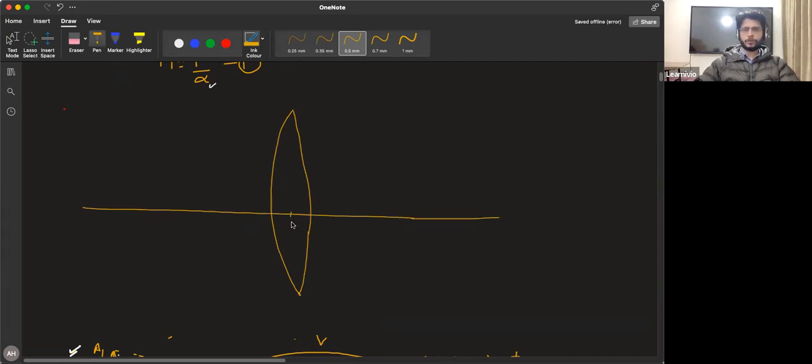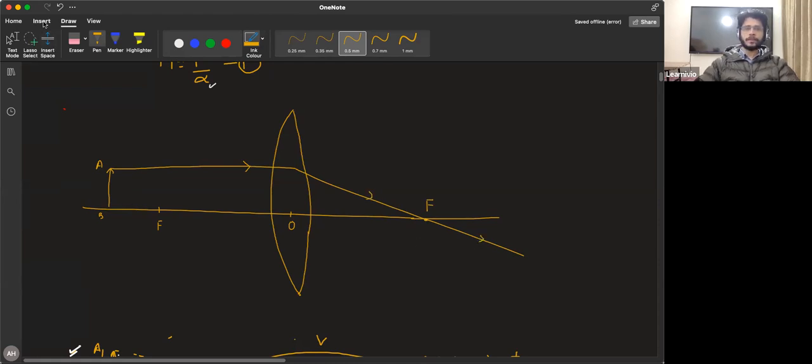This is your optical center. This is your object AB. We place this object AB beyond the focus. So two rays will come. One is parallel to the principal axis. After refraction, this ray will pass through the focus. This is focus F. After refraction, the ray passes through the focus.